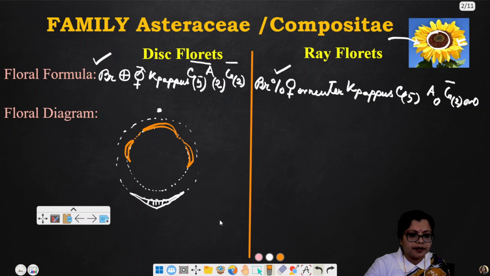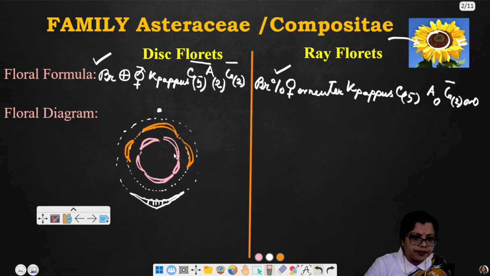Maybe many are there. Now the next one, the third whorl, that represents corolla. Corolla, here what have we learned in our previous video, that here 5 and it shows valvate estivation, right? So this is 1, this is 2, this is 3, this is 4, and this is 5.